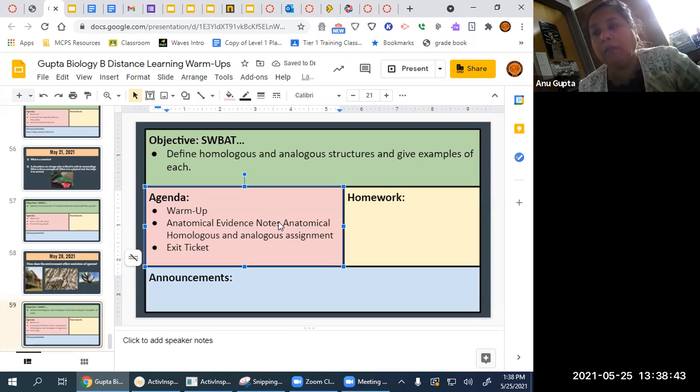And the exit ticket, those who have not done it, please complete and submit. So the main thing is that today you will be working on the anatomical, homologous and analogous assignment. Go back to your notes if you want to refer to anything. They're already in your day one in this module, and please feel free to refer to that.